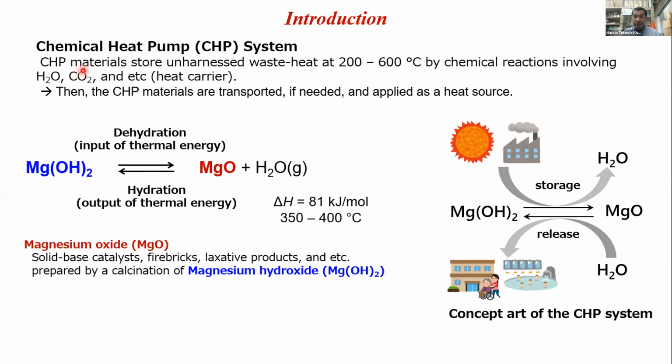CHP materials store unharnessed thermal energy by chemical reactions involving water, carbon dioxide, ammonia, and so on. Then the CHP materials are transported if needed and applied as a heat source.